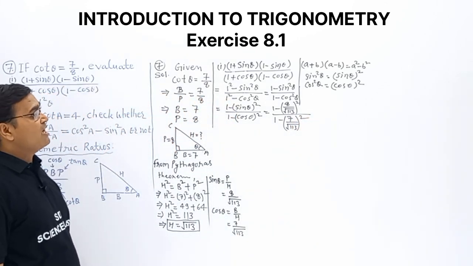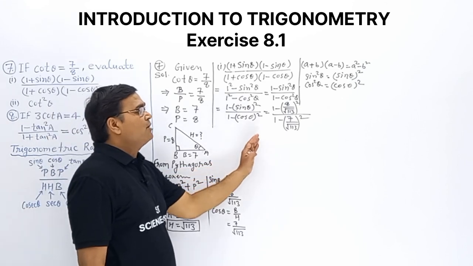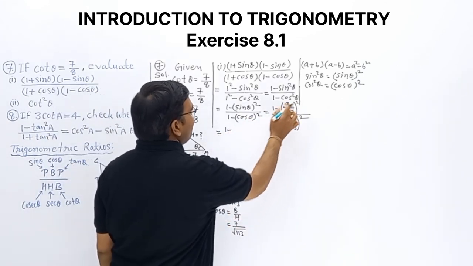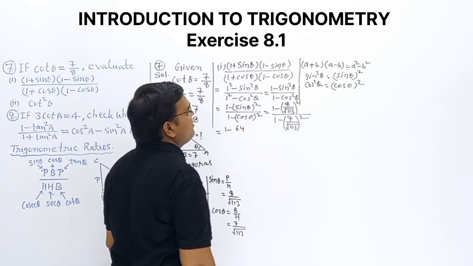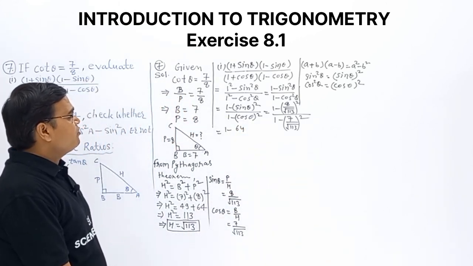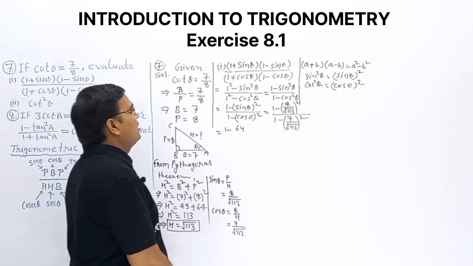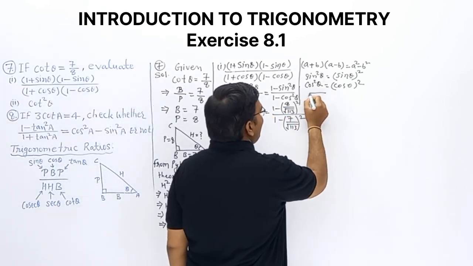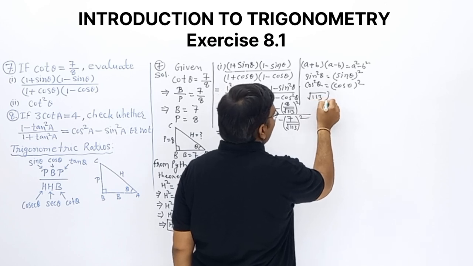We are putting the sin theta and cos theta values. Now we will solve this. 1 minus 8 square, 8 square is 64. Are we putting the right value? Divided by, what will be its square? Square root of 113 square we want.